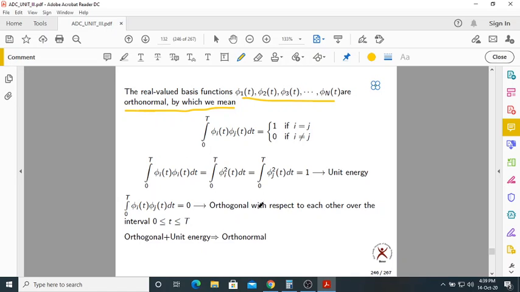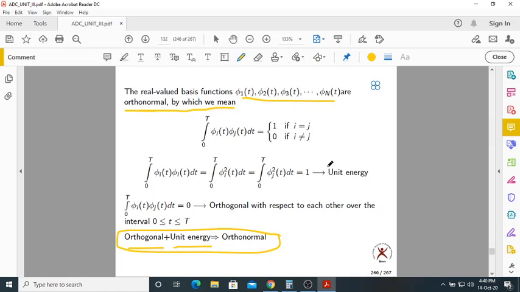Orthonormal means it has to be orthogonal plus it has to have unit energy. If any two signals are orthogonal to each other, and at the same time they have unit energy, then they are said to be orthonormal. So orthogonal plus unit energy gives you orthonormality.